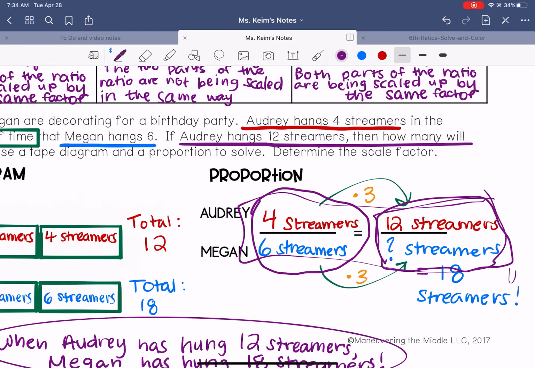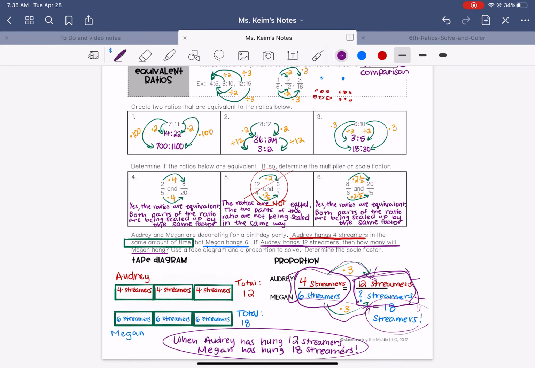So we wanted the relationship between Audrey and Megan's streamers to stay the same, but we wanted to know what that relationship would look like if Audrey had hung 12. So once again, I need 3 groups of 4 to get to this side. So if I want that relationship to be the same, if I want an equivalent relationship, I just multiply the bottom by 3. And once again, you will see that we will get 18 streamers for Megan.